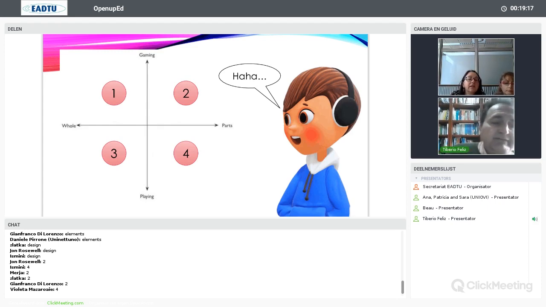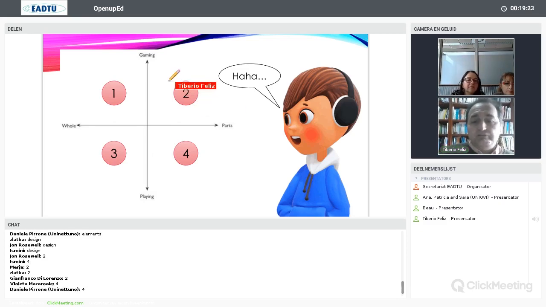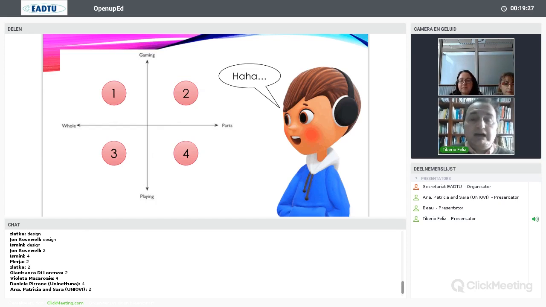Okay, there is a number 4, but most of them are in number 2. Okay, that's right. So if we come back to the definition, if you have kept your screenshot, you'll see that the definition is talking about gaming, so it is above, in this zone, and it is talking of using only parts.